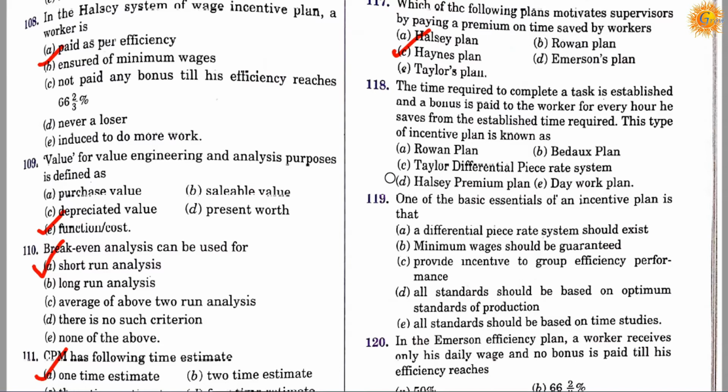So the correct answer is D. It means the time required to complete a task is established and a bonus is paid to the worker for every hour he saves from the established time required. This type of incentive plan is known as the Halsey premium plan.